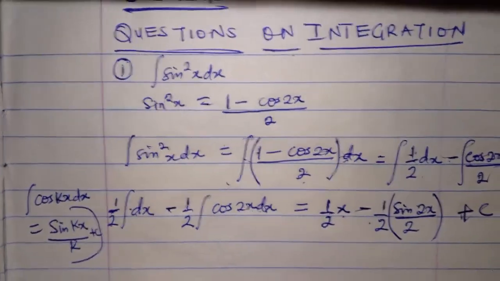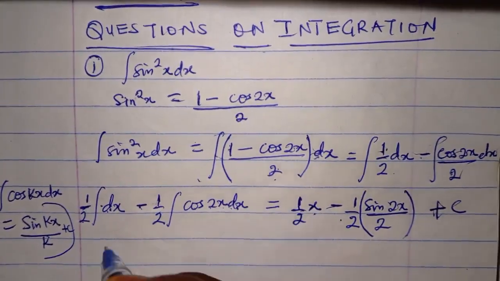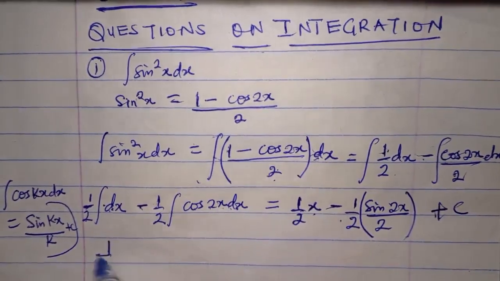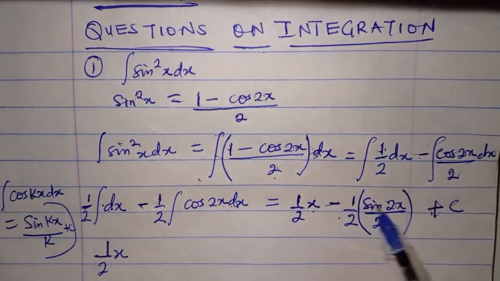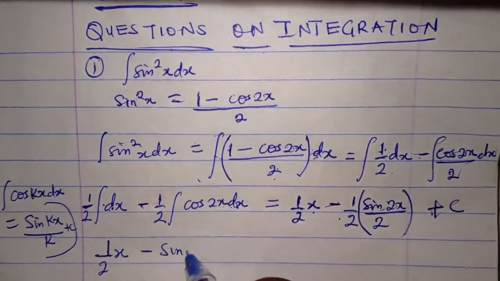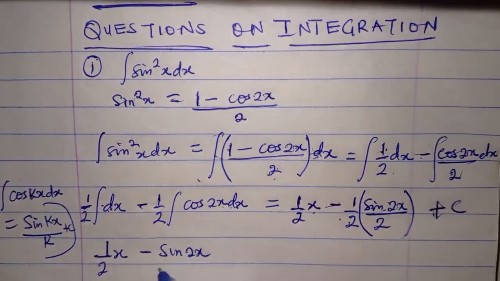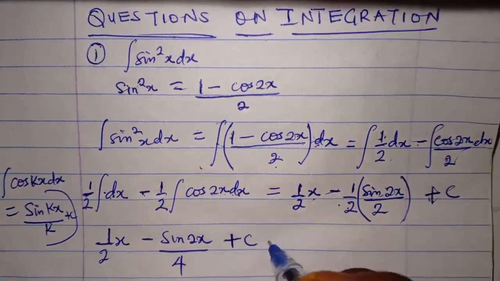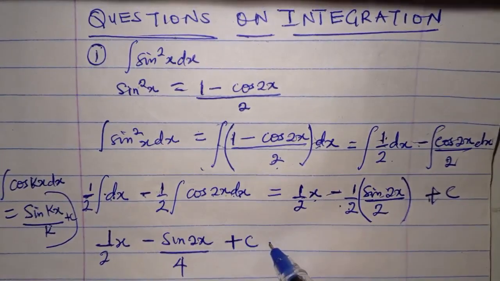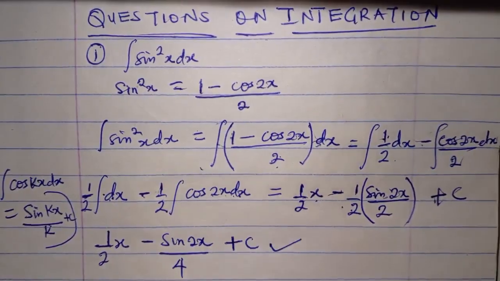So if we simplify it one more time, we'll have 1 over 2x minus 1 times sine 2x is minus sine 2x, 2 times 2 is 4, plus c. And this gives the integral of sine squared x dx.